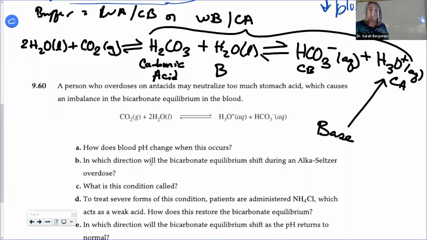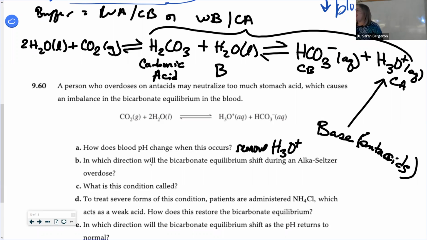So how does blood pH change when this occurs? It's going to start changing your pH. How is it going to change your pH? You're going to remove what? The base is the antacid. So what's the base going to do? What does it react with?